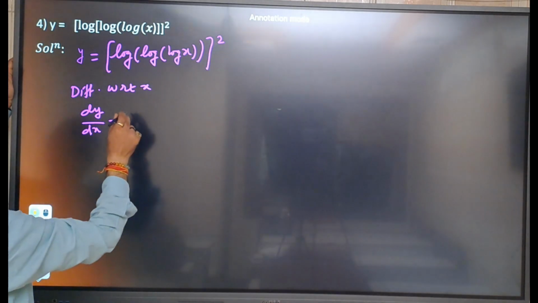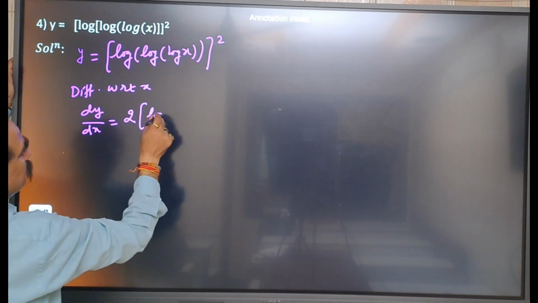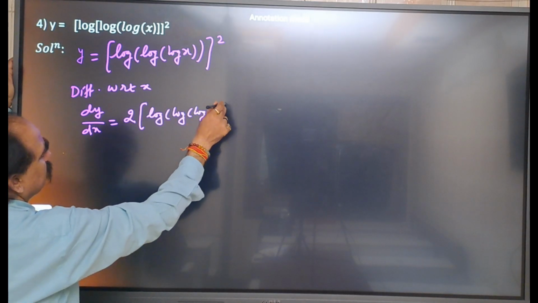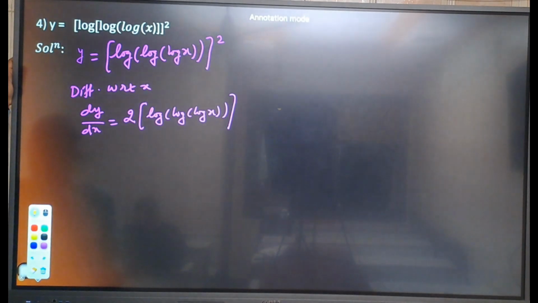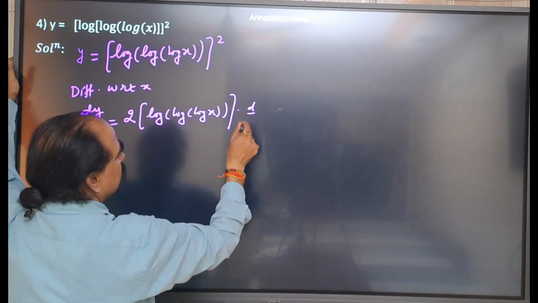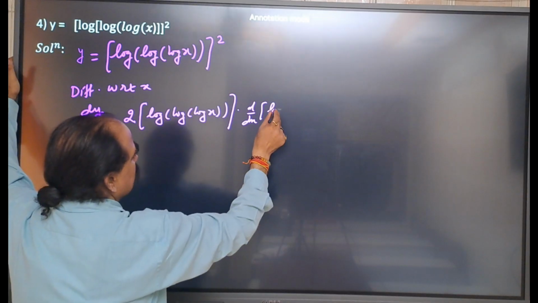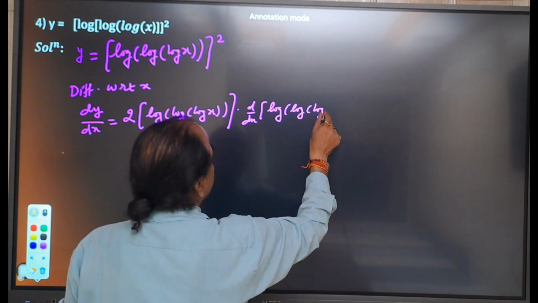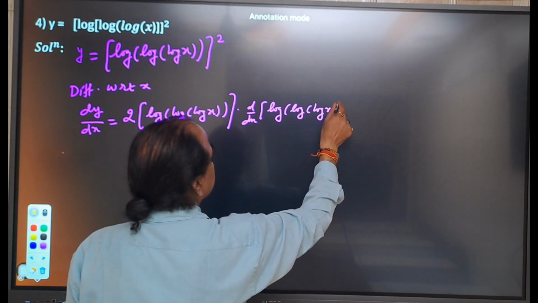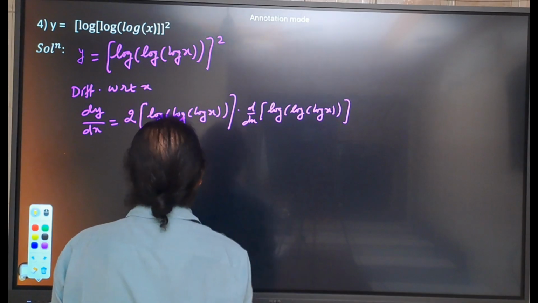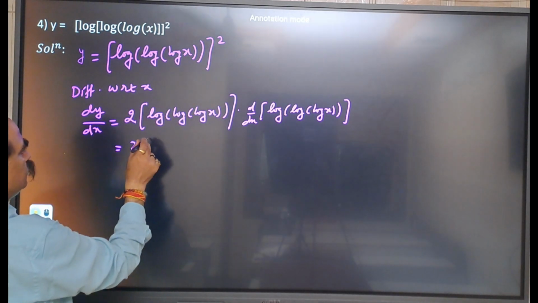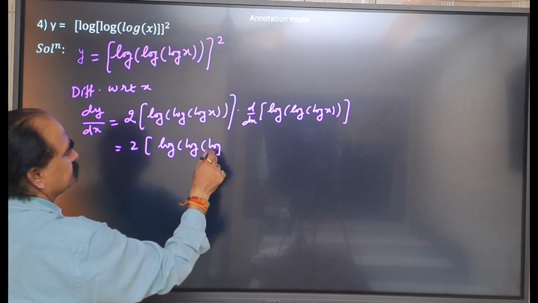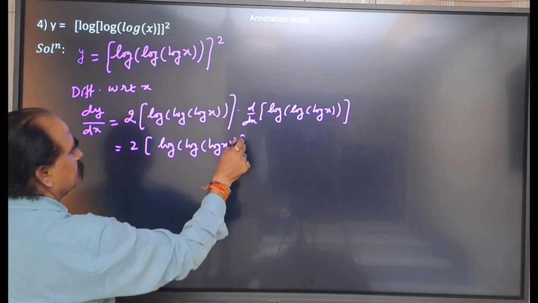Derivative of power comes in product, raised to 2 minus 1 into derivative of inside function, log of log x. 2 times log of log x.